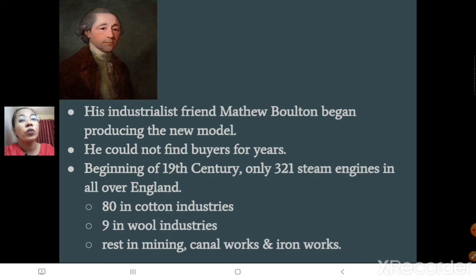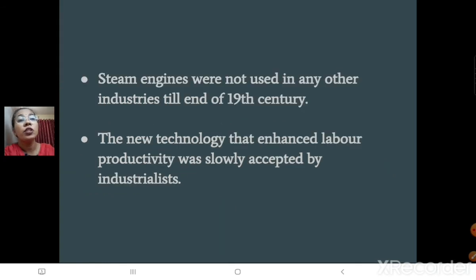And out of those, 80 were used in the cotton industries, 9 in the wool industries, and the rest in mining, canal works, and the iron works. Steam engines were not used anywhere else in any other industries till much later in the century.